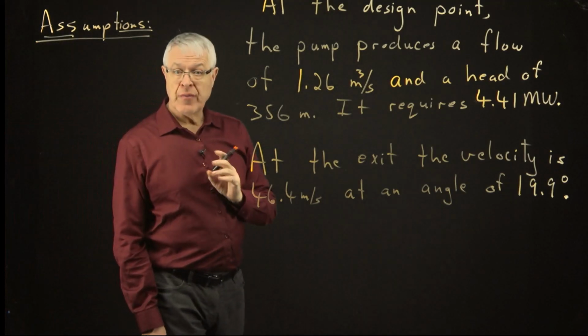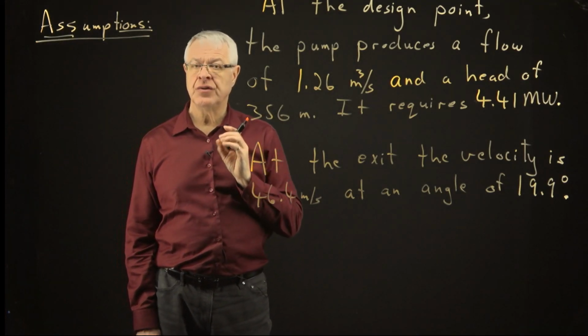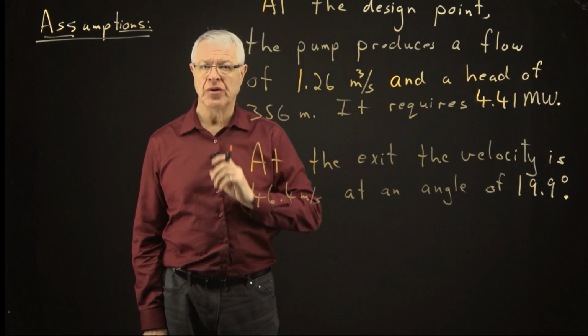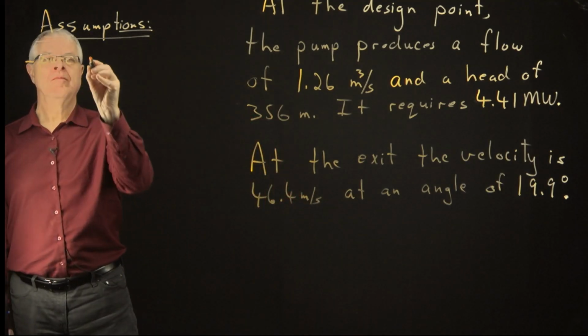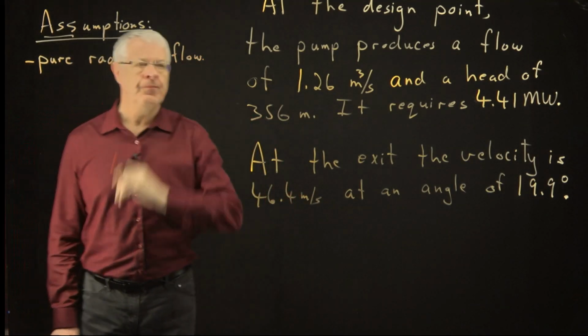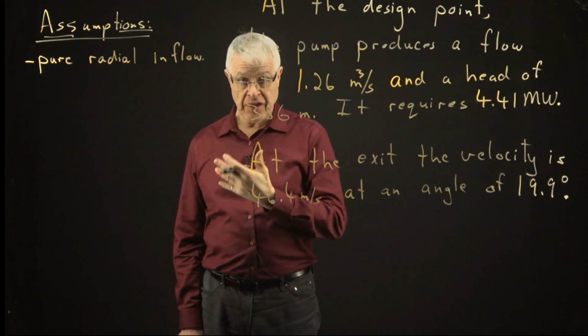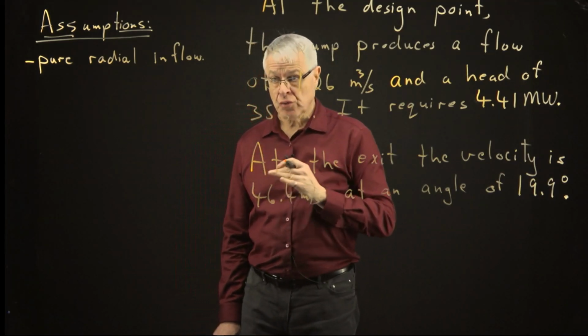So first of all, remember it's a design point calculation, and inherent in a design point calculation is pure radial inflow. So there's no tangential component to the velocity as it enters the impeller. All of the other assumptions that we're going to list are inherent in the development of Euler's equations, which were used for this analysis, and so we'll show those now.